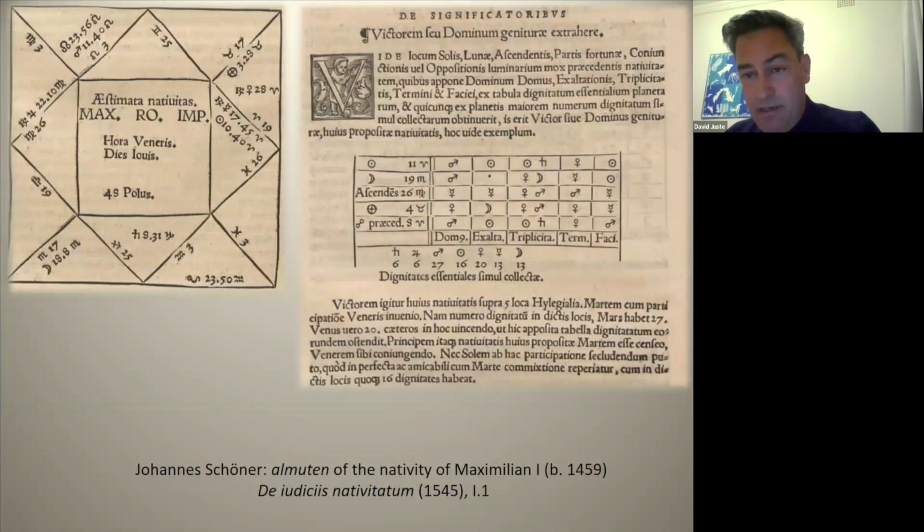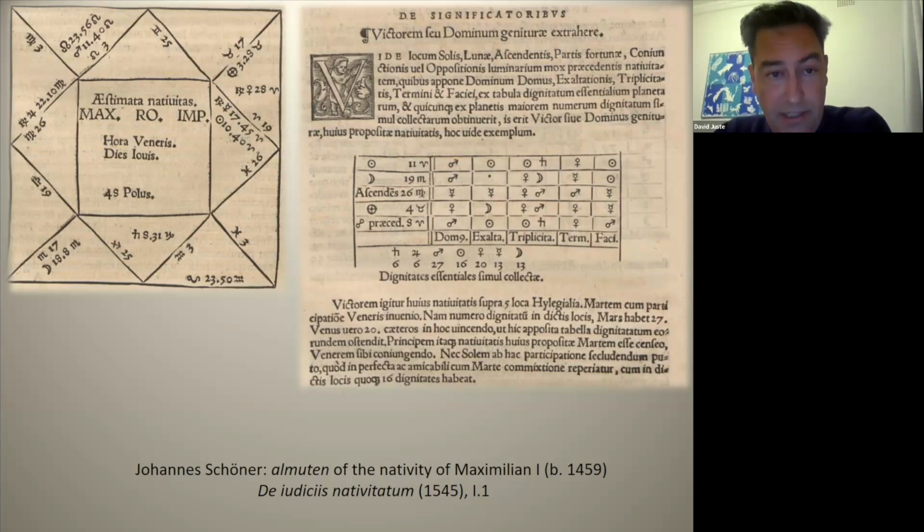Okay, so let me show you a very clear and simple example. This is Johannes Schoner's treatise De Judicis Nativitatum, on the judgments of nativities, published in 1545. In this text, he takes as an example the nativity of Emperor Maximilian I, who was born in 1459 and already dead when Schoner published his treatise.